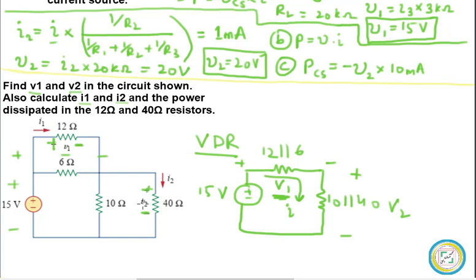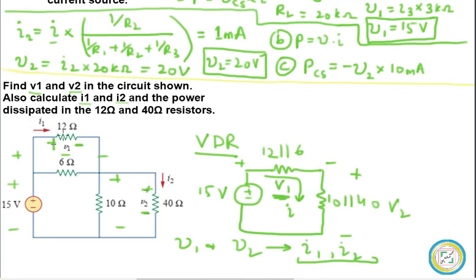Similarly, V2 is the voltage that is present across these two nodes, and it is the same as the 40 ohm resistor voltage. And once you have found V1 and V2, you can easily find currents I1 and I2, because I1 and I2 can be found using Ohm's law.